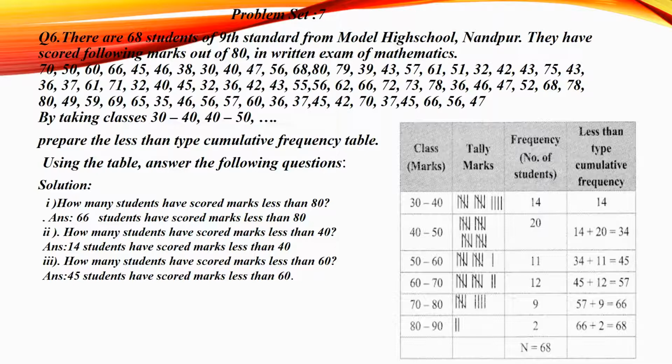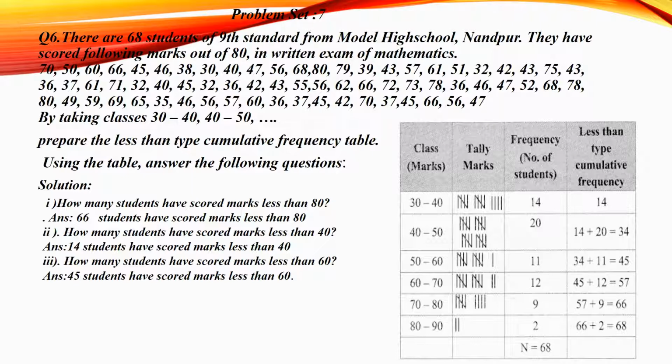In the first class 30 to 40, the cumulative frequency is 14. In the second class 40 to 50, the cumulative frequency will become 14 plus 20, that is 34. 50 to 60, third class, that will be 34 plus 11, that is 45.